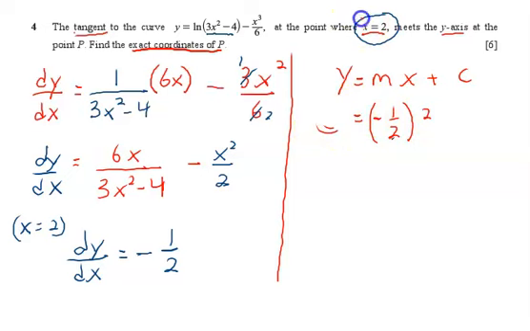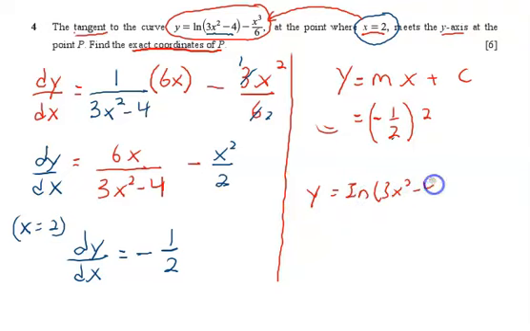We need to substitute into this equation now. So y equals ln of 3x squared minus 4, minus x cubed over 6.